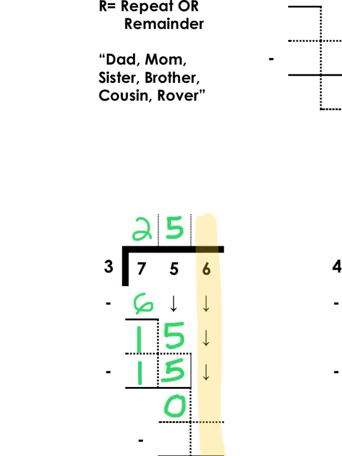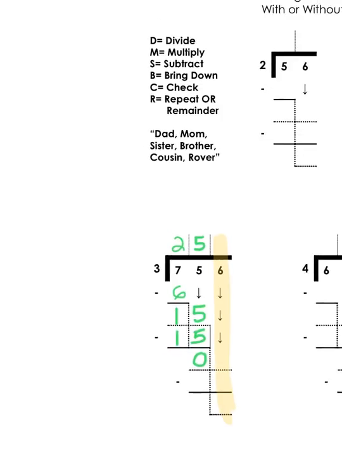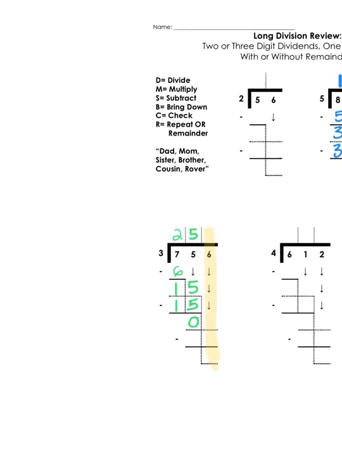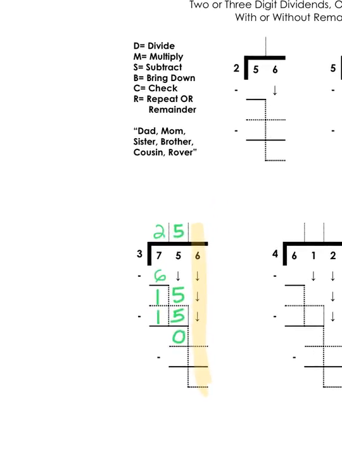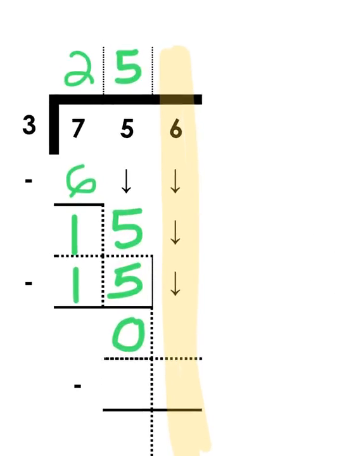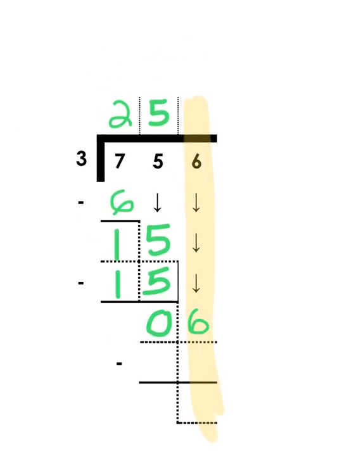Now, do I stop? Well, no. I now have to check my problem, and even though I don't have a remainder from this round, I still have a number to bring down. I have to bring down the 6, so I have to keep going. So now I have to ask myself, how many groups of 3 can I get out of 6?